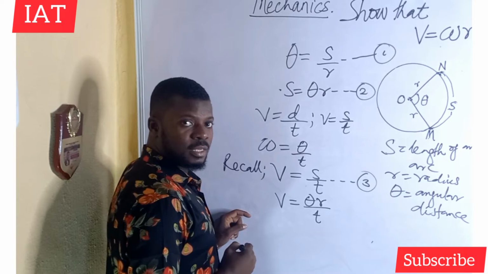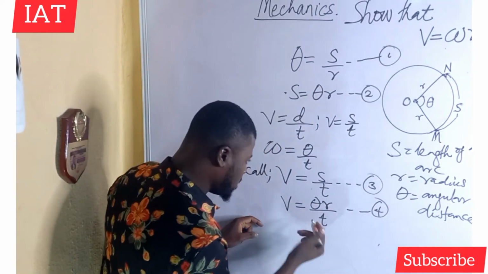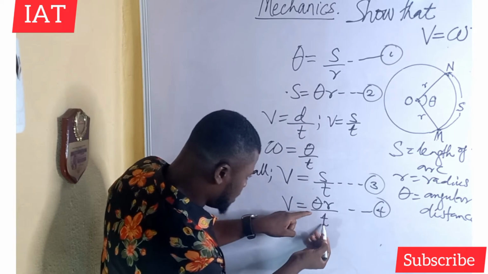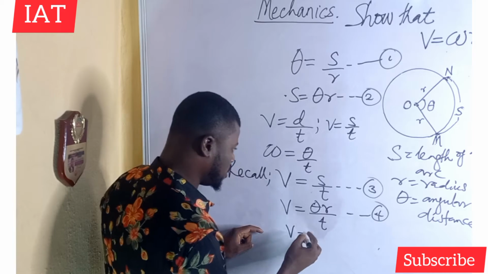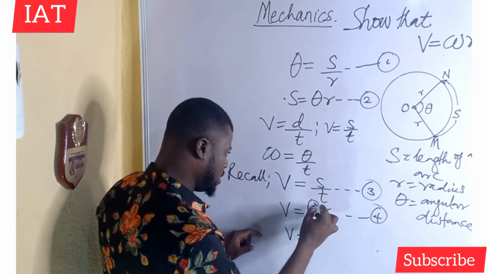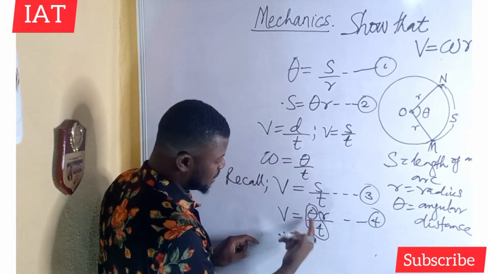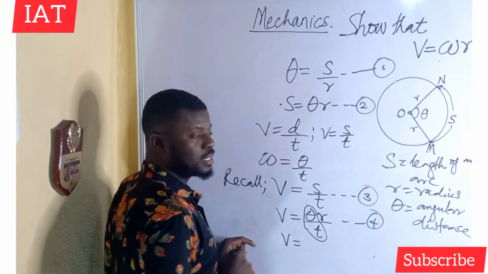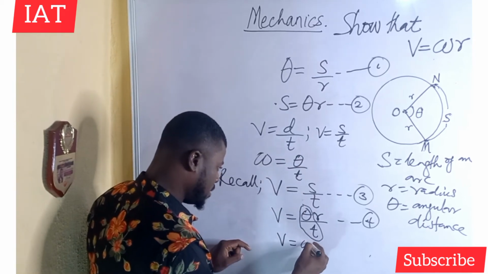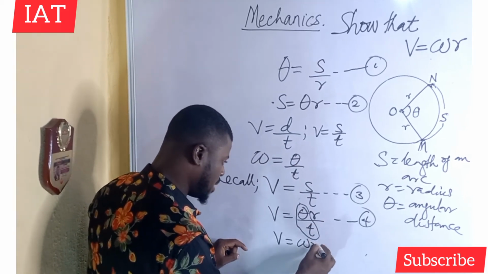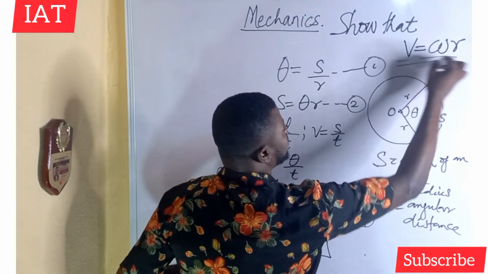This is equation 4. You can see that theta r over t can also be split in such a way that theta over t has a definition: theta over t is the angular velocity. So in place of theta over t, I replace omega, then bring down this r. And this is the expression we are to derive.